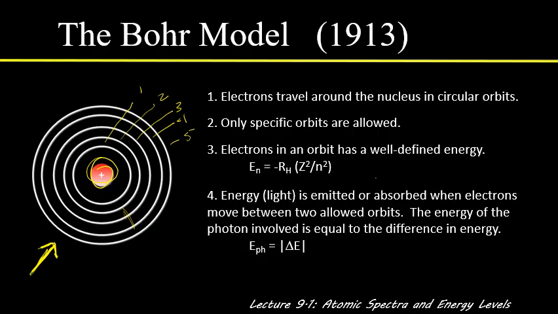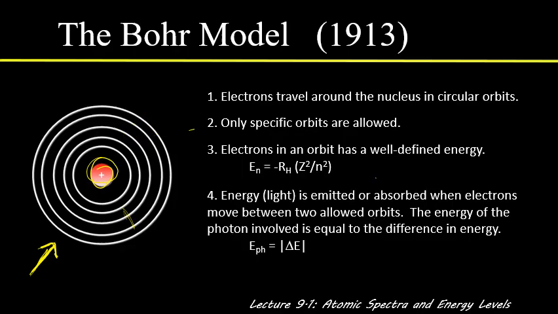And the light is emitted when an electron moves between two different allowed orbits. And the energy of the photon that's emitted is just the difference in energy between the initial state and the final state.